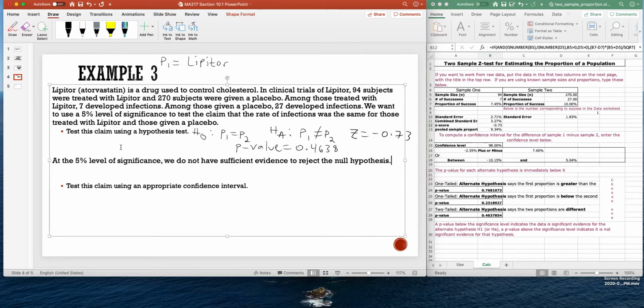Or in other words, the two proportions are essentially the same.